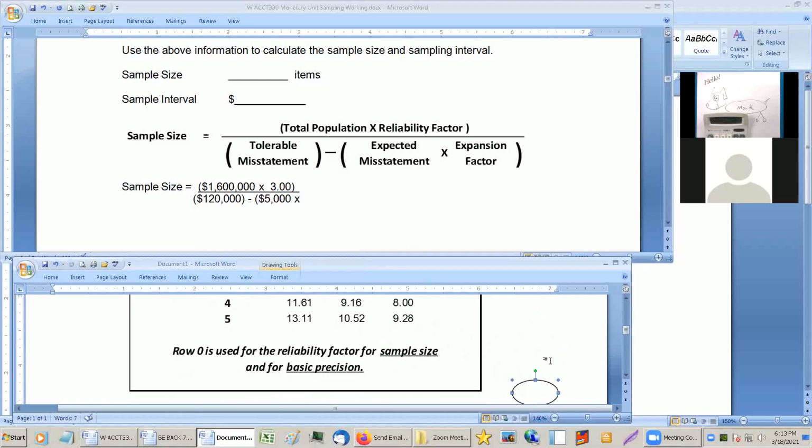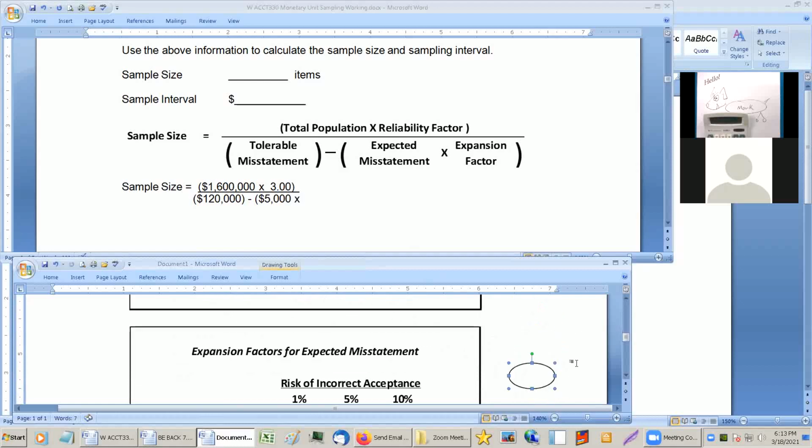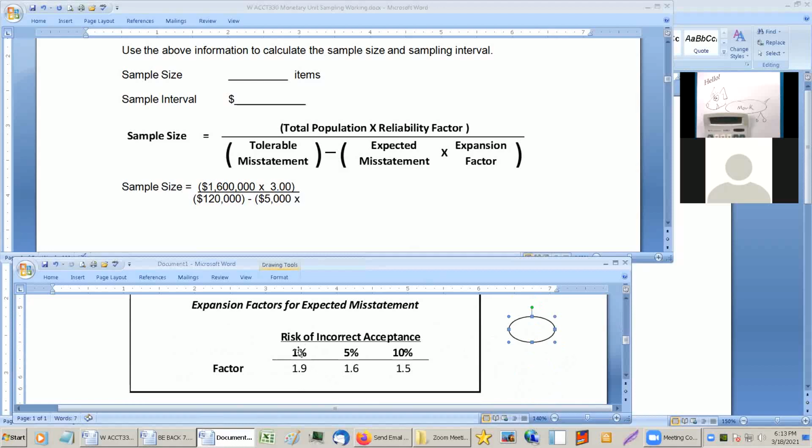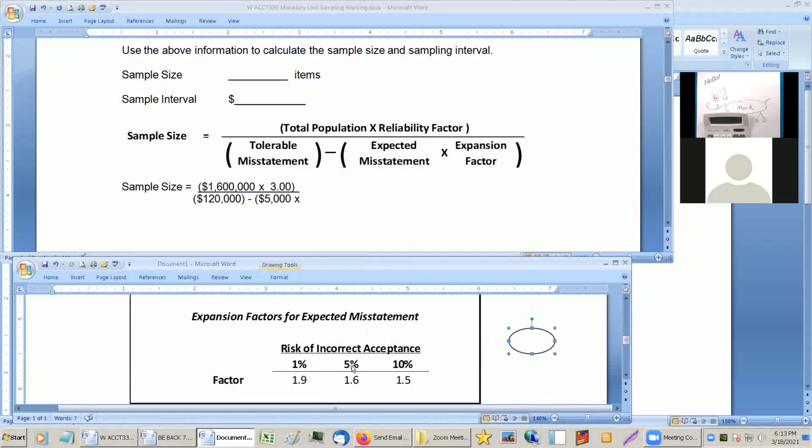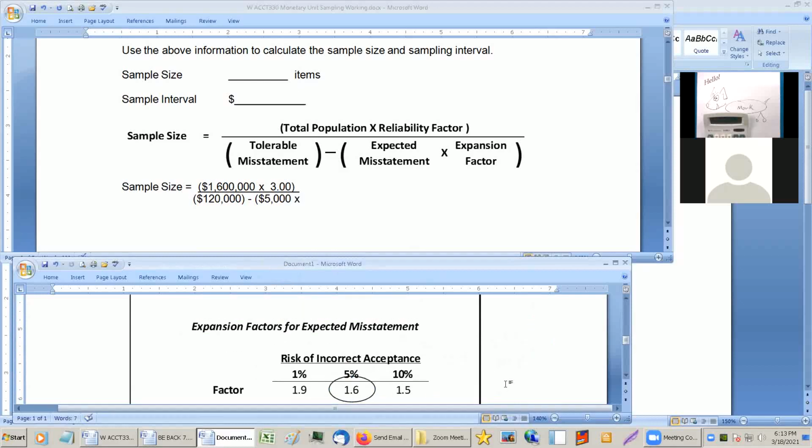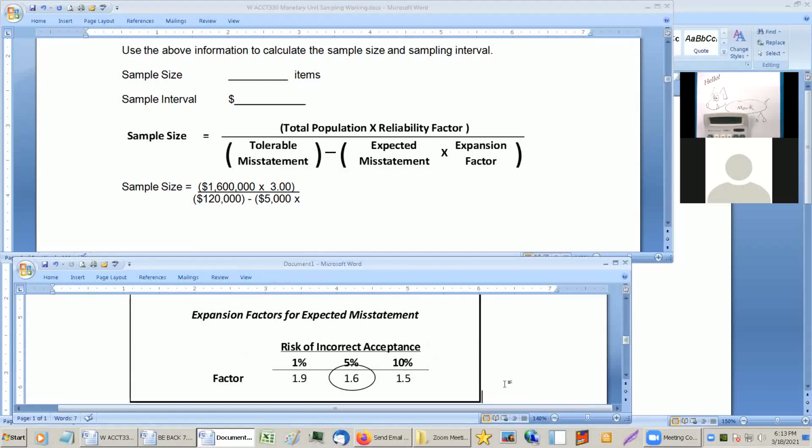Bring this down with me. Okay. So the expansion factors, the nice thing about that is there's only one at 5%. That's it. There's nothing else on it. So the expansion factor is another one we need. That is 1.6.